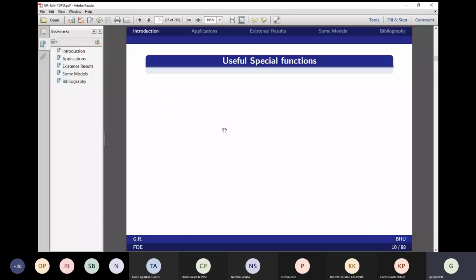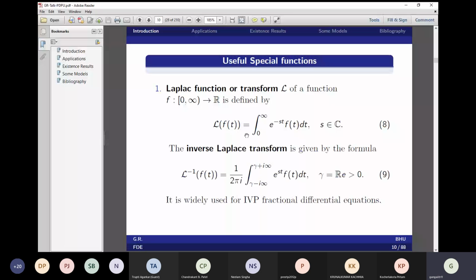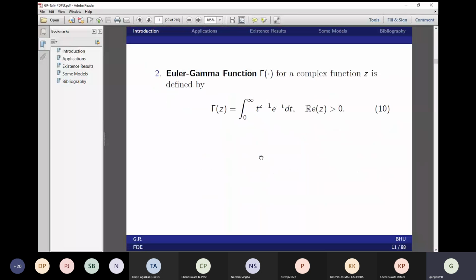Some useful functions: the Laplace transformation L of a function f is defined by equation 8, and the inverse of this Laplace transformation is given by 19. The Euler gamma function is a function which can be used to generalize the integer factorial function to non-integer values.